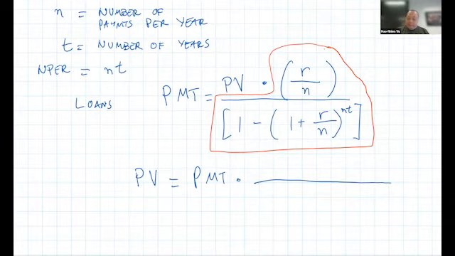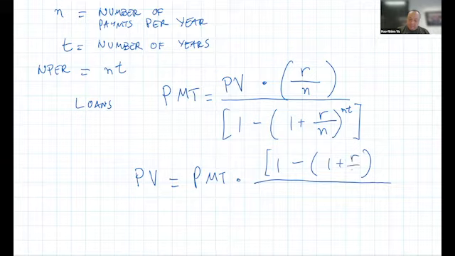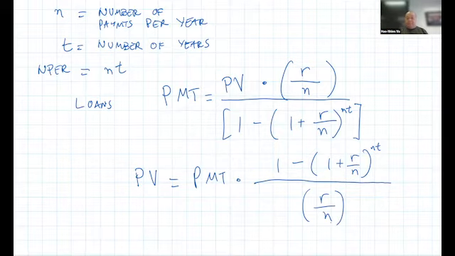So I'm flipping that fraction over and I have all of this here, 1 minus this massive math. It was in the denominator, now it flips to the numerator, and then the r over n used to be in the numerator, now it got flipped to the denominator.